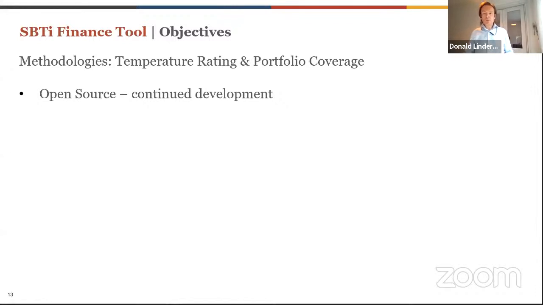So what were the objectives when we started building this tool? Well, obviously to cover, as I said, both the temperature rating and the portfolio coverage, because they are very related methodologies. We wanted this to be open source so that we can have continued development, not just from us, but from the open source community.